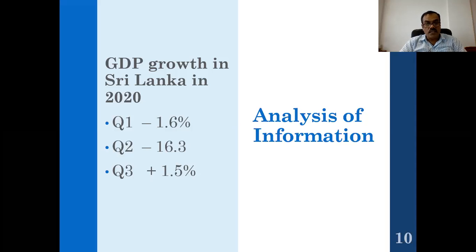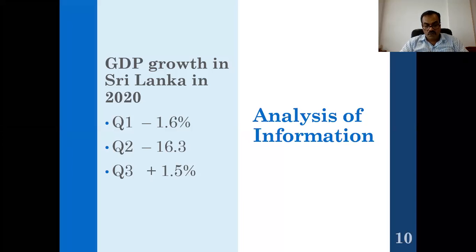How do you interpret these numbers? What information can be traced from this? What signals are they? As a citizen of this country, or maybe as a graduate, or anybody who lives in Sri Lanka, how do you take these numbers? That is the task. I want at least 2-3 people to talk about it.